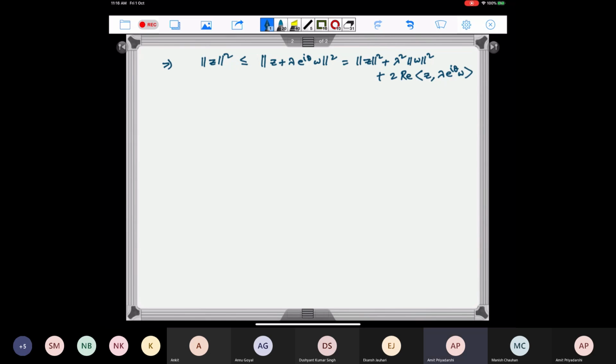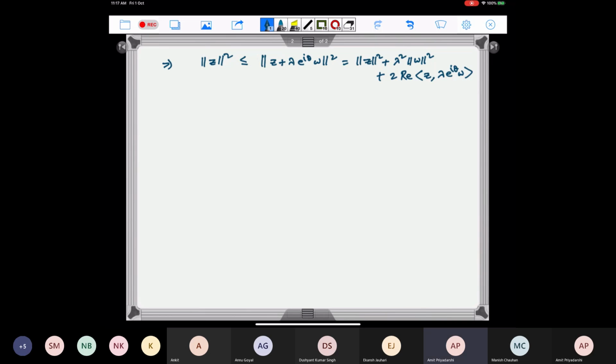This is just by using that norm of x plus y squared is norm x squared plus norm y squared plus 2 times the real part of the inner product of x with y. And here we are using lambda is real, so I'm not writing mod lambda squared. This is lambda squared.